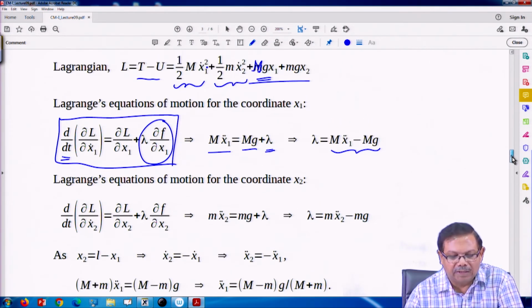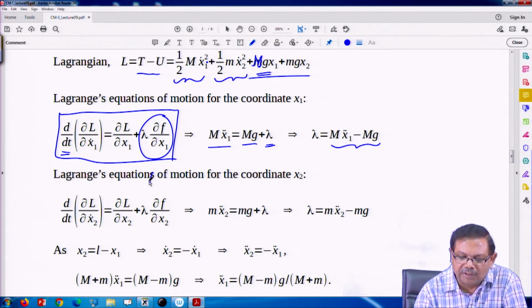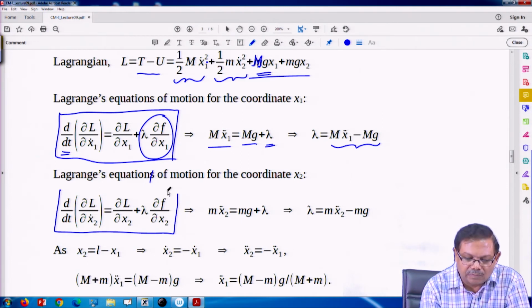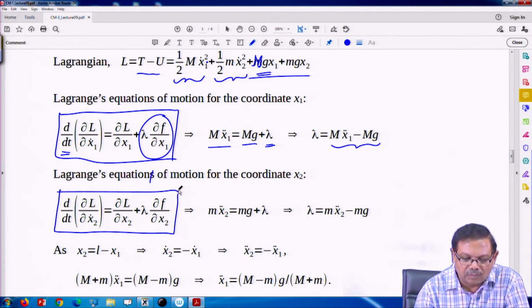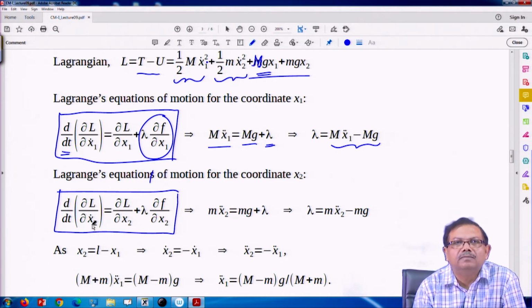Similarly, Lagrange's equation of motion for the second coordinate x 2. Again, this is my equation of motion: d dt of the momentum along x 2, dou L dou x 2 dot, which is p 2.